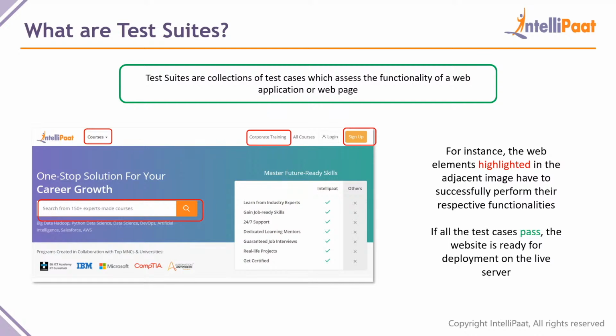And if all of these test cases pass, we actually deploy our website. That is how it works in the industry as well. We create test cases, and the combination of test cases is called a test suite, and we run the entire test suite. If the test suite passes, then we actually deploy that particular web page onto our live website.